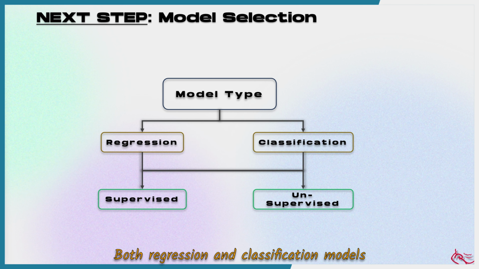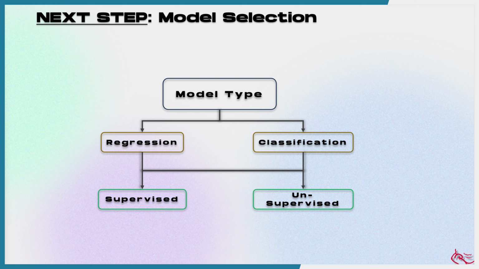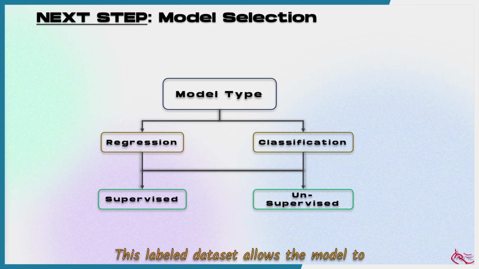Both regression and classification models can undergo supervised or unsupervised learning during model training. In supervised learning, a labeled dataset is required where the target value is known for each data point. This labeled dataset allows the model to adjust its hyperparameters and prepare to predict an unknown data point.